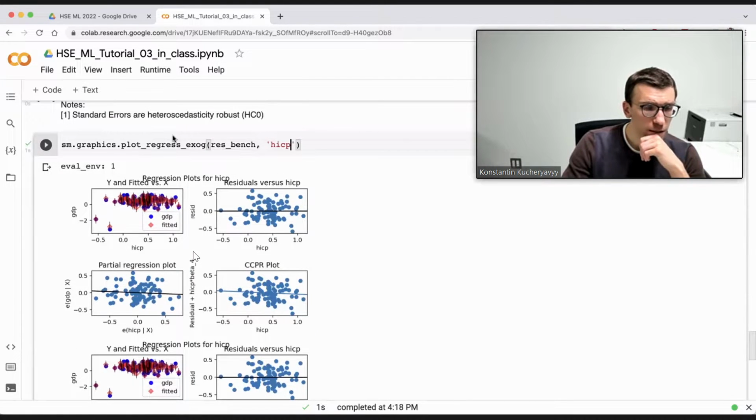This is just, I guess, the standard function to compare your residuals versus inflation. For example, this graph is what I was looking for, the top right one, and we don't see any particular structure, which is great.